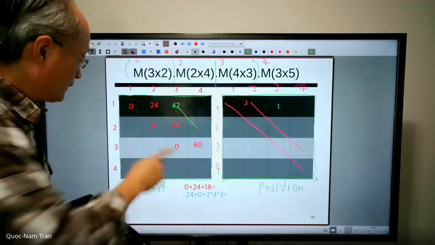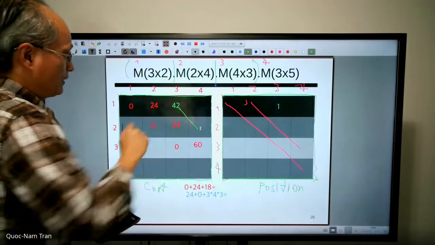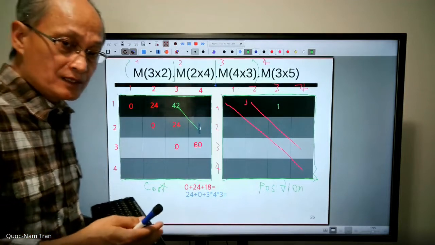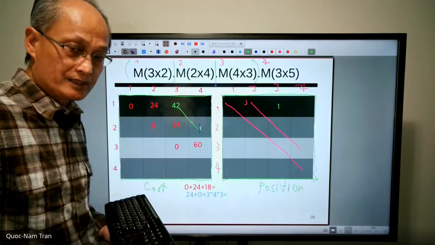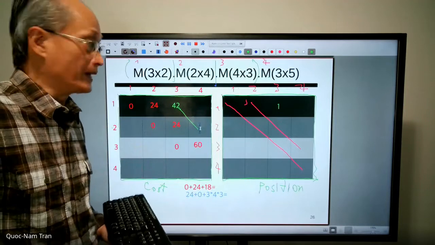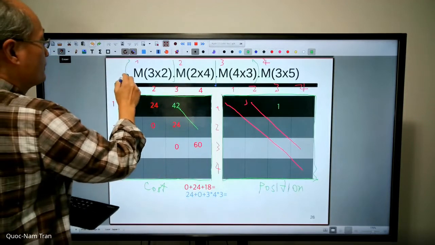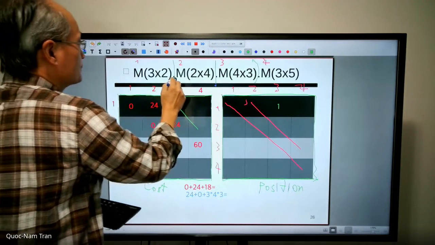Now the next one will be 2 to 4. Remember that we are talking about matrices that has 3 elements, or the 3 matrices sequence, right? So let me remove this so we can go back to work out.